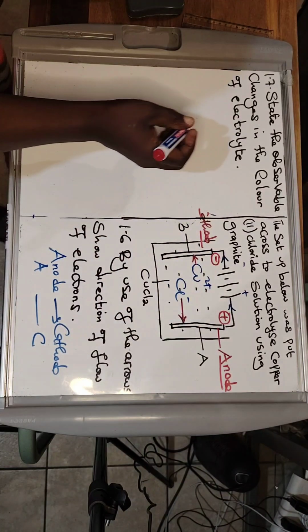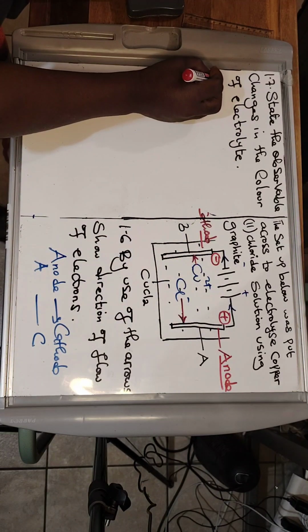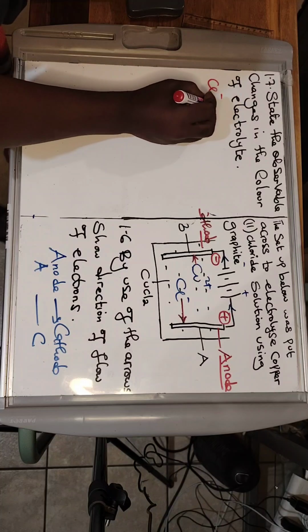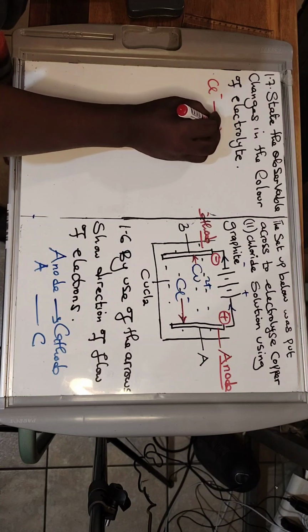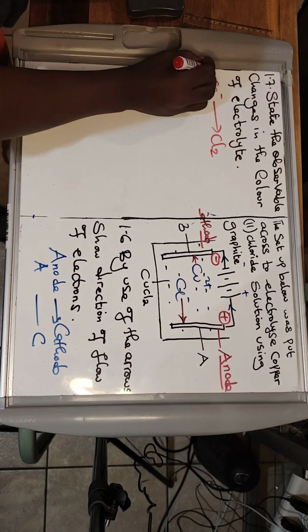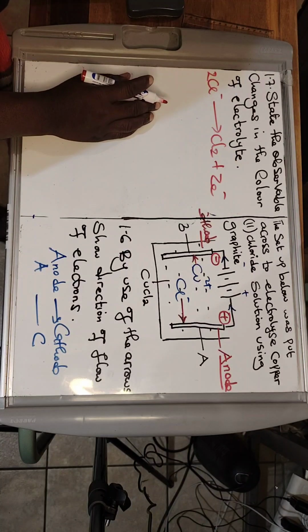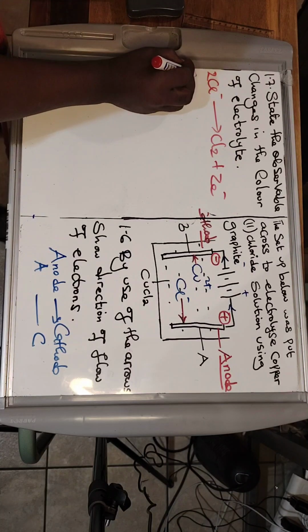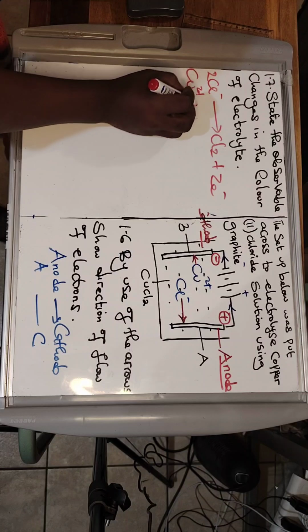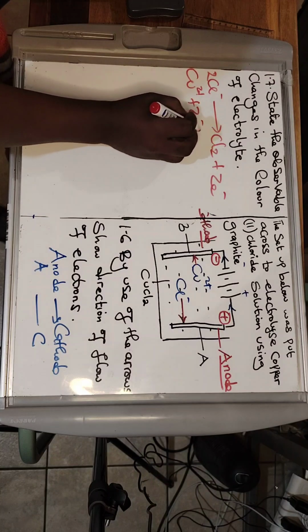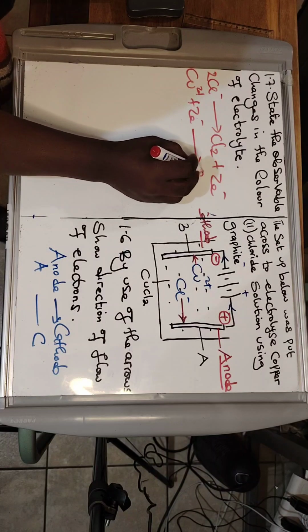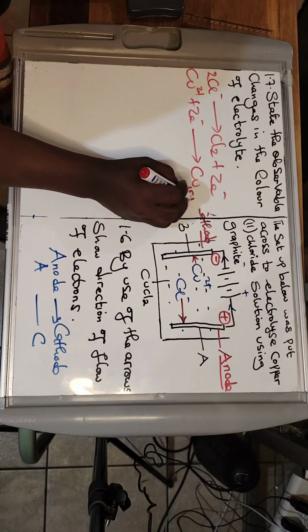What did we say? We said that our chloride ions were oxidized to chlorine as per this equation, and copper ions were reduced as per this equation.